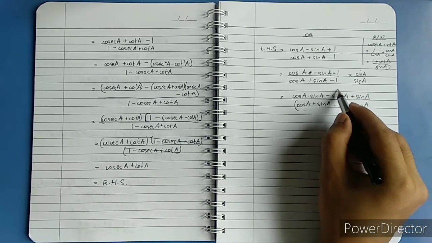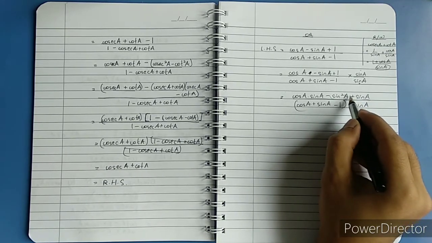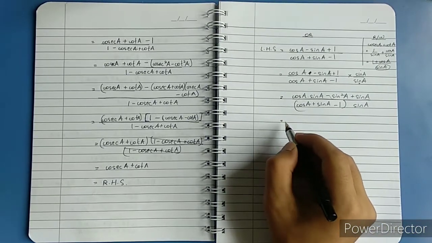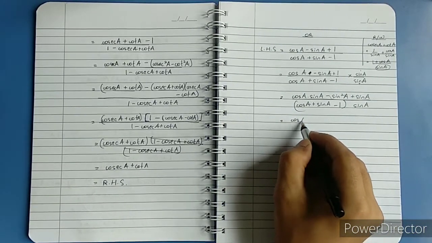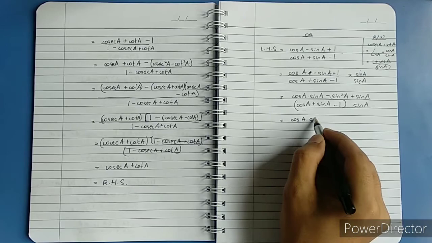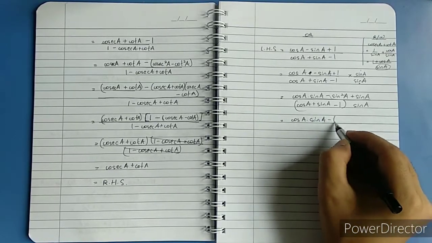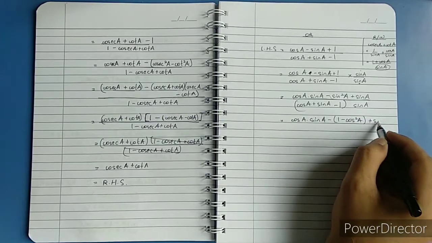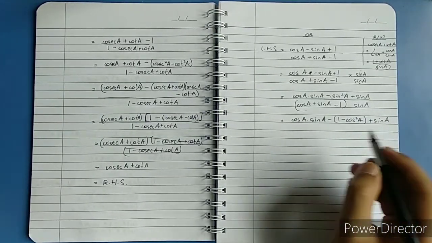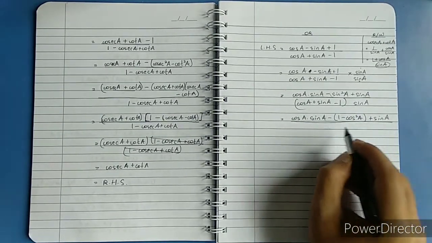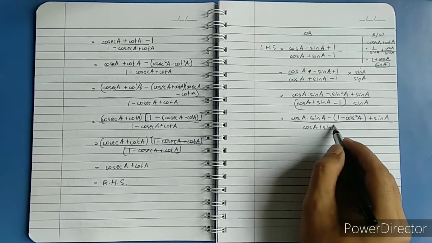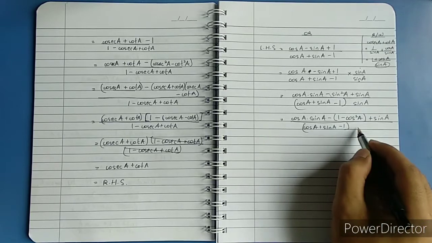As we can see, there is a square quantity over here, sin square A. When we have to convert this using square relation, we can write sin square A as 1 minus cos square A by cos A plus sin A minus 1 into sin A.